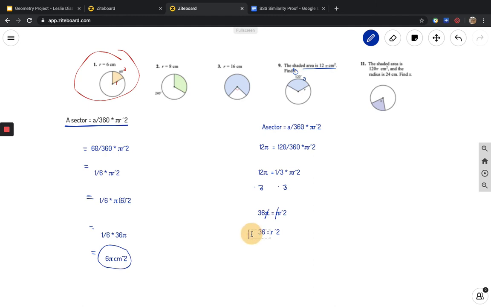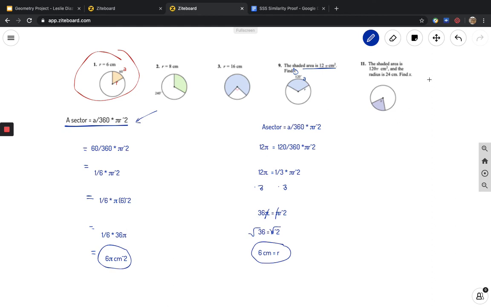We can just square root it, and we know the answer by simple math. We find the square root on both sides. We know that 6 centimeters is equal to our radius. And the way we solve that is by placing what we knew into the equation, which is right here.